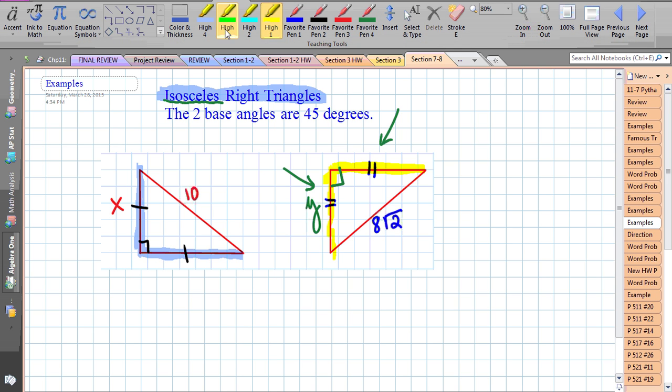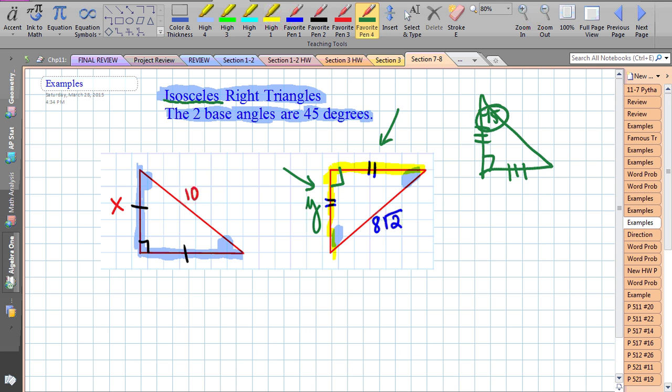And that also implies what? That the base angles are then exactly 45. So this angle is 45 degrees, and that angle is 45. We didn't need to know that in the context of solving for these missing variables in here, but whenever we have a right isosceles triangle where the two legs are the same, this angle is going to be 45 and that angle is going to be 45.